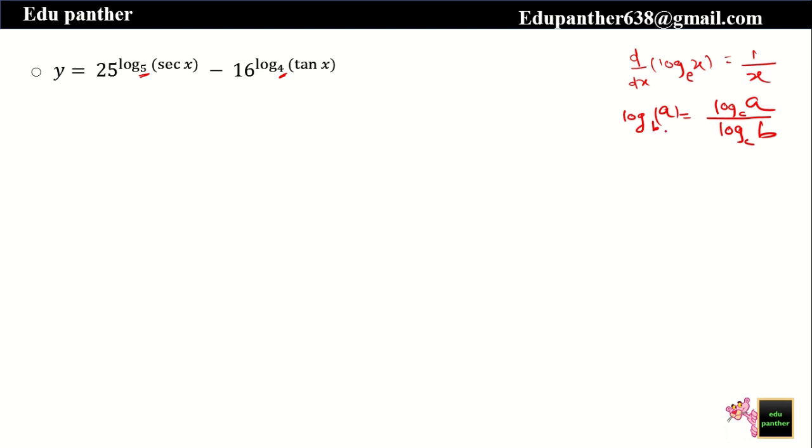So log of a to the base b. If we want to change this term to base c, first we write log a divided by log b, as in log of this term divided by log of its original base, which is b here, and then add this new base.